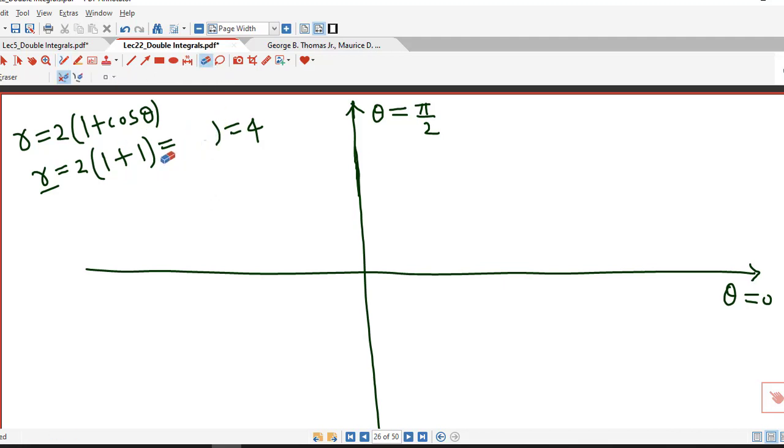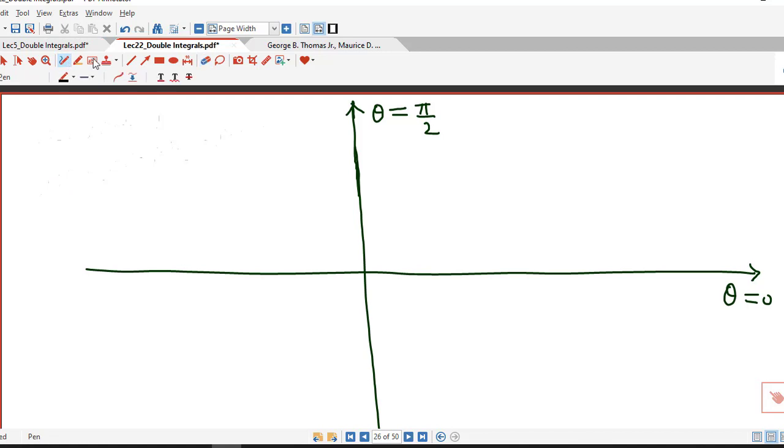Similarly, if we put theta equal to pi by 2, we have r equal to 2 into 1 plus cos pi by 2, which is 2 into 1 plus 0, so r is 2. So the cardioid will intersect the y-axis at r equal to 2 and theta equal to pi by 2. Now first we sketch the cardioid.